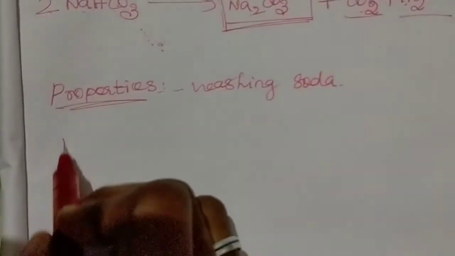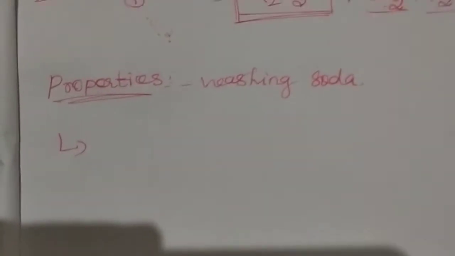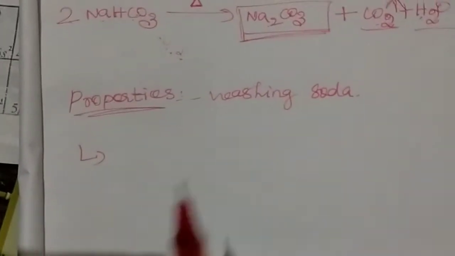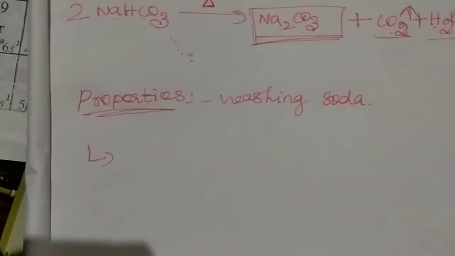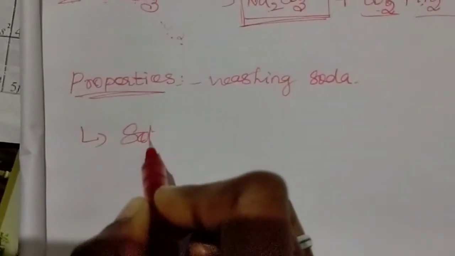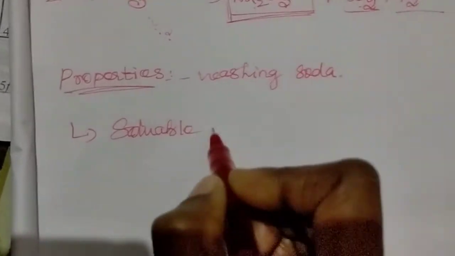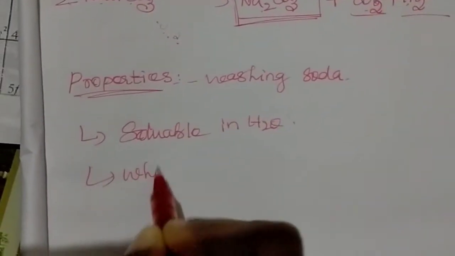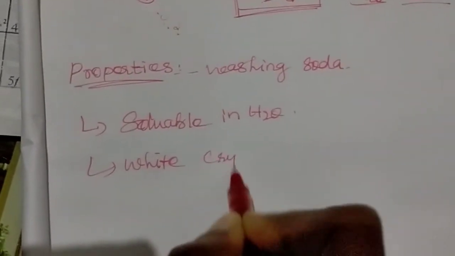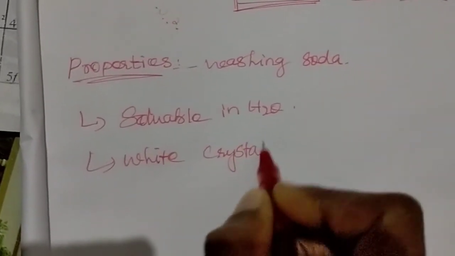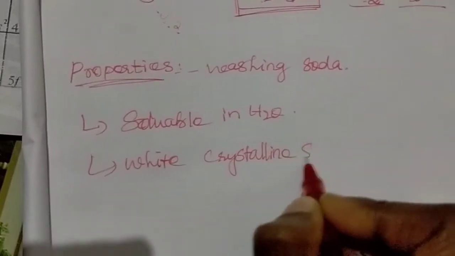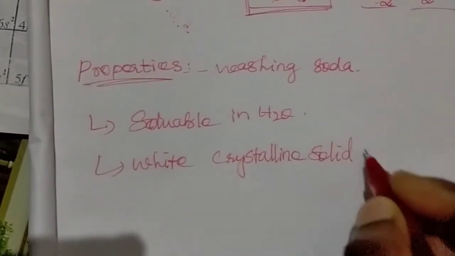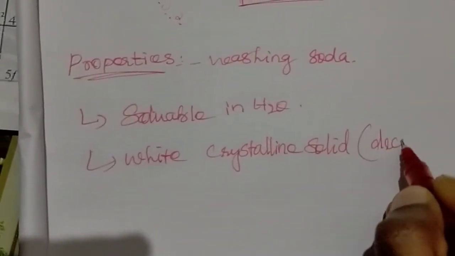It is soluble in water, that's why we use it as washing soda. That means it easily dissolves in water. It is a white crystalline solid, decahydrate.